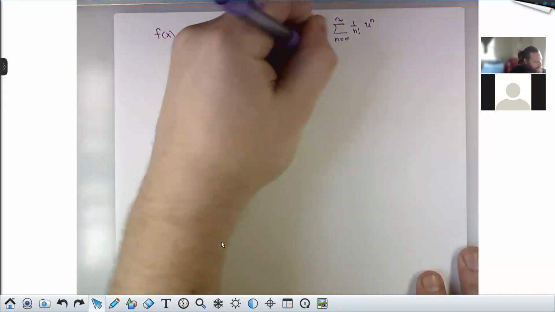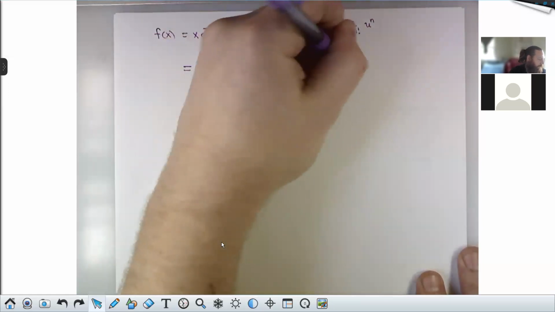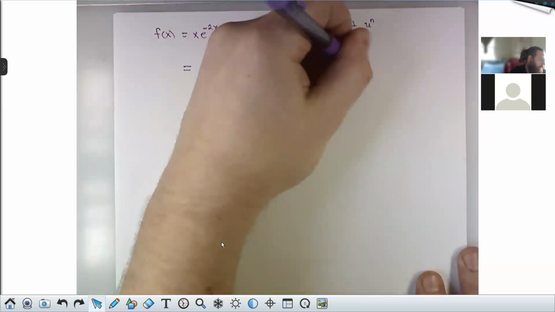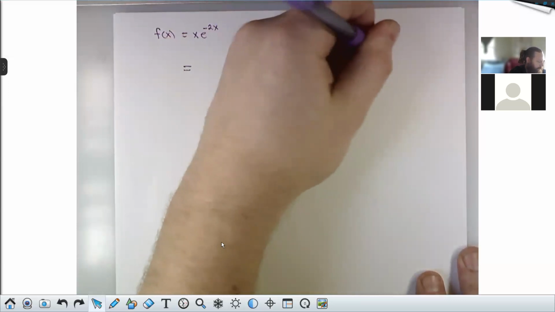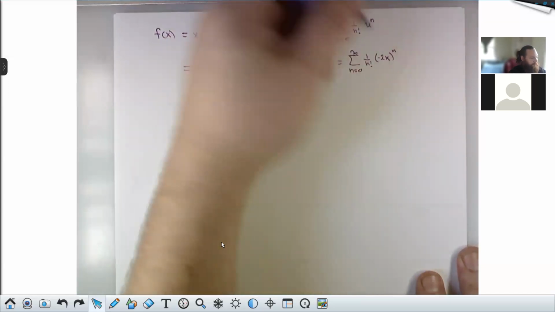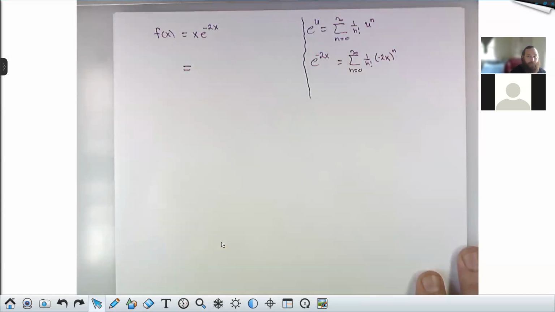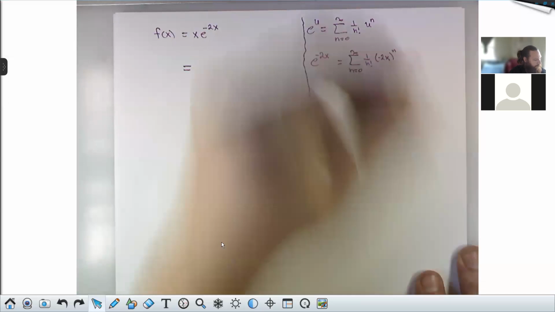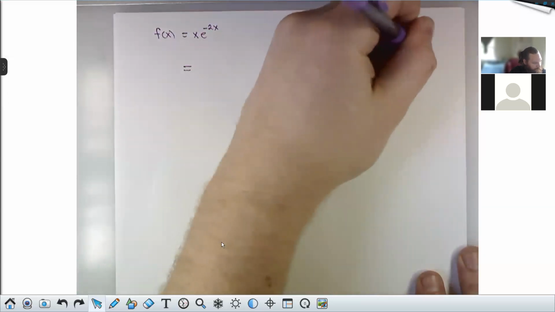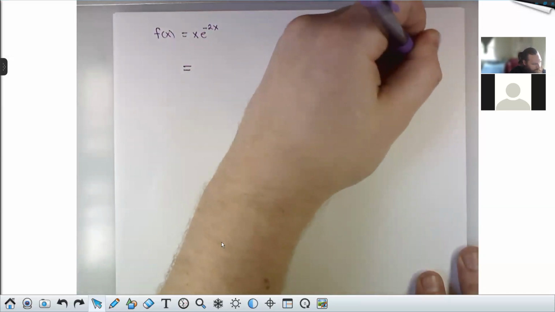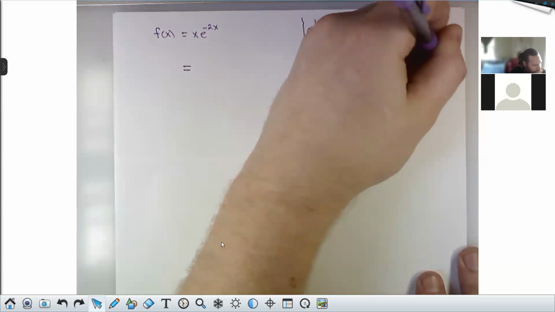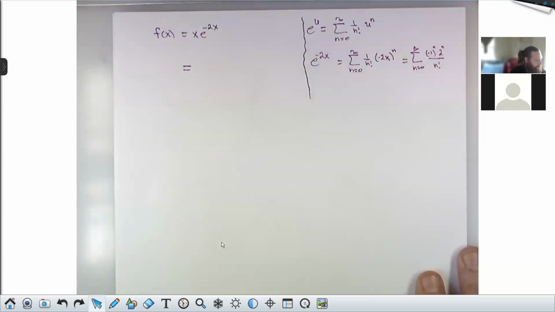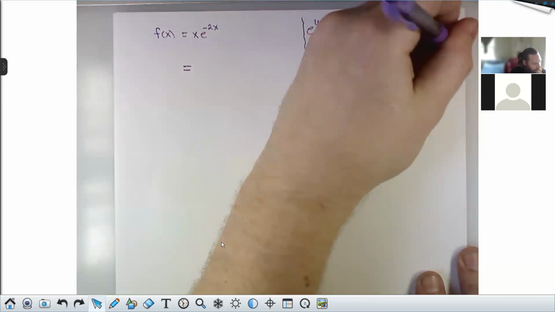This means that e to the negative 2x is sigma n from 0 to infinity 1 over n factorial times (negative 2x) to the n. And I can simplify that a bit as sigma n from 0 to infinity (negative 1) to the n times 2 to the n over n factorial times x to the n.